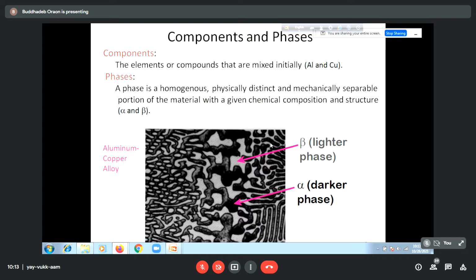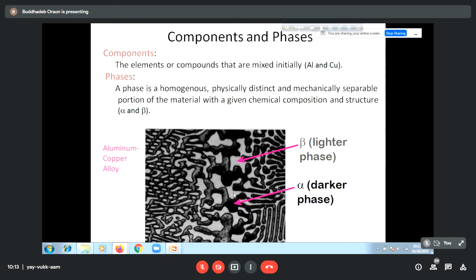So here is one, just to give you an idea about what is microstructure, how it looks like. This is a diagram of aluminum copper alloy, and this is for a particular composition, maybe certain percentage of aluminum and remaining copper.